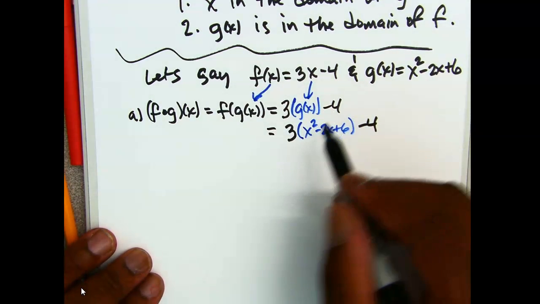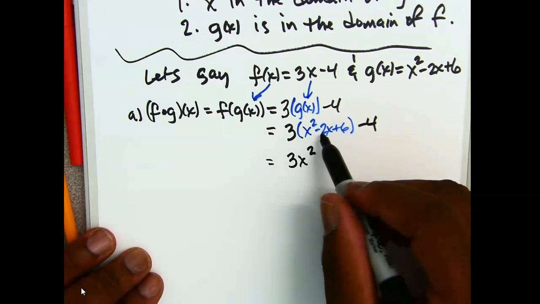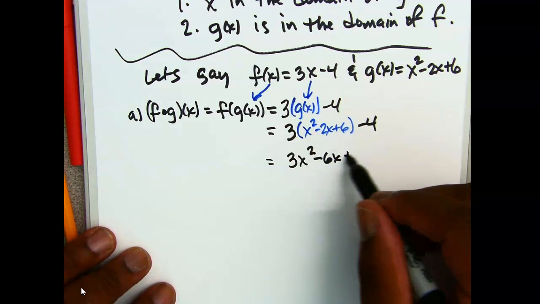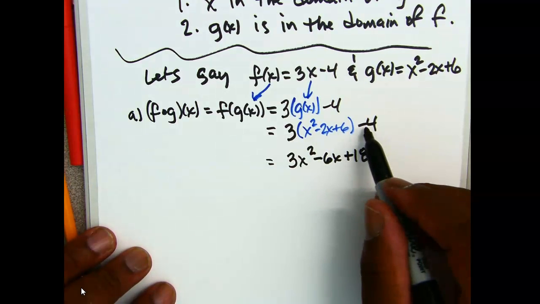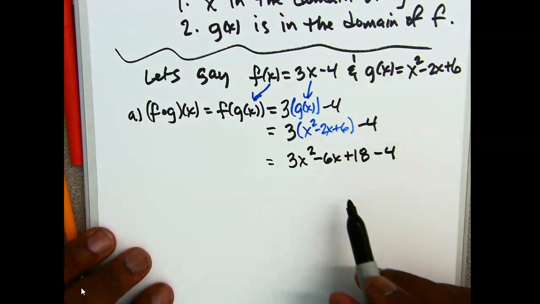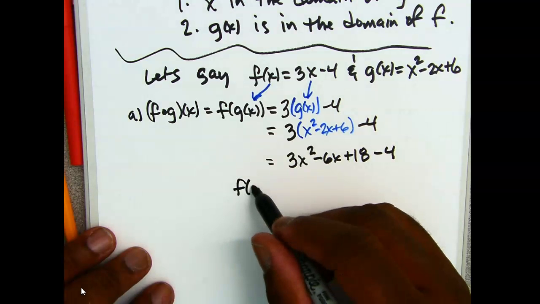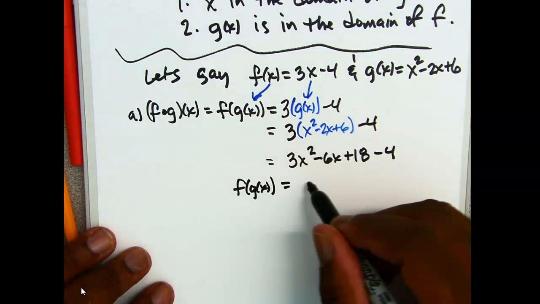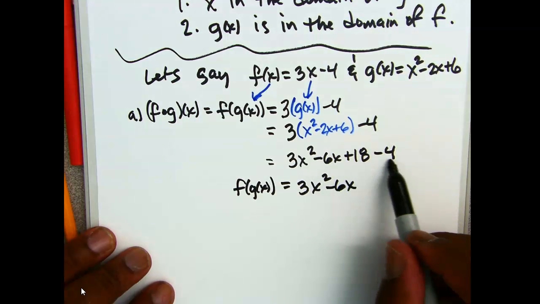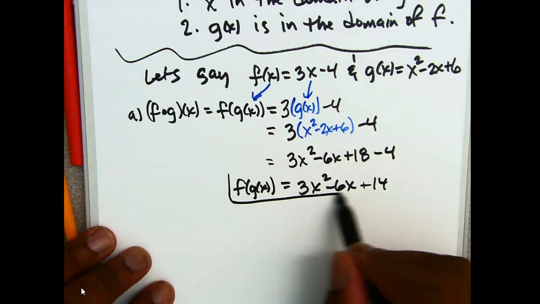That's 3x squared. 3 times negative 2x is negative 6x. 3 times 6 is plus 18. And then we still have this minus 4. So combining like terms, we get f of g of x is equal to 3x squared minus 6x, and 18 minus 4 is plus 14. And that's our final solution.